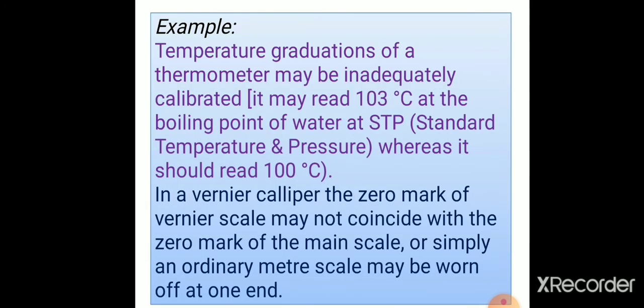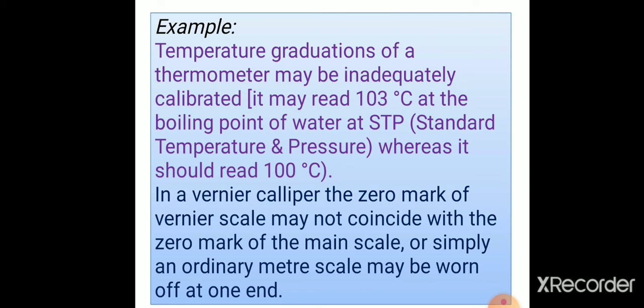Another example is the temperature graduations of a thermometer may be inadequately calibrated. That is, it may read 103 degrees centigrade at the boiling point of water, whereas the correct value that should be read is 100 degrees centigrade.